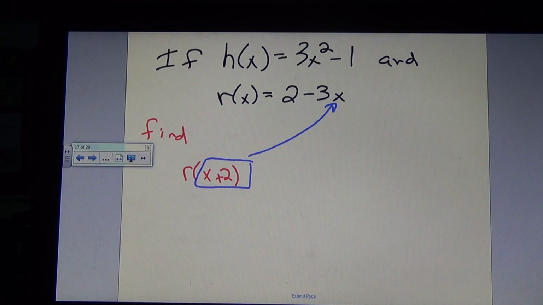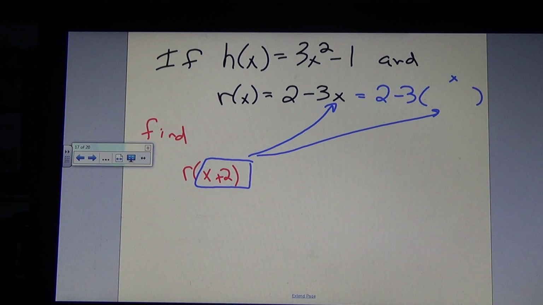So I'm going to rewrite my function as 2 minus 3, but where my x used to be, what is now replacing that? That would be this part right here. So it would be an x plus 2 replacing this x right here. Okay, so now let's simplify this problem here.